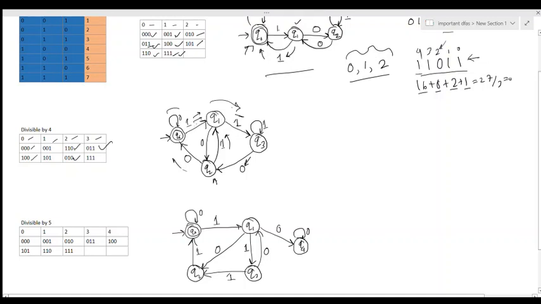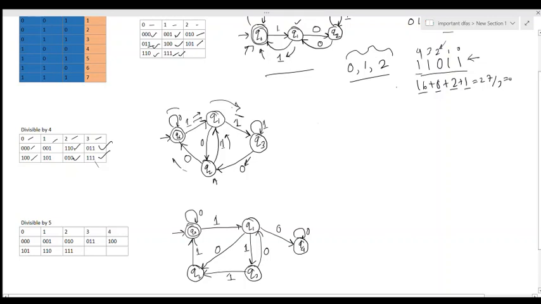So 1 is recognized, then taking another 1, reach Q3, and in Q3 we have a self loop with 1. So 3 ones is recognized by state Q3. So remainder 3 is also constructed this way. So this is a DFA which recognizes any binary number divisible by 4.